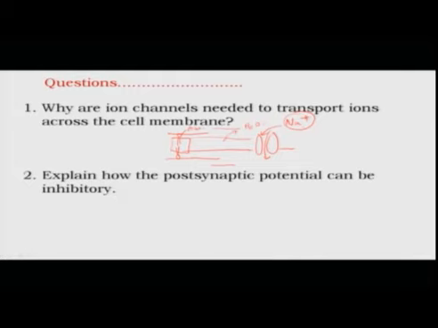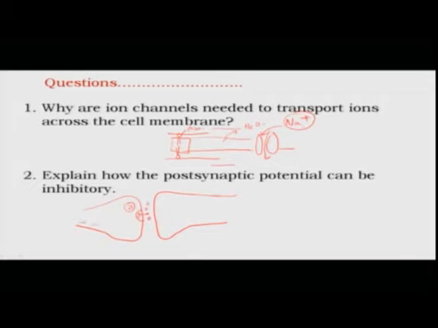Now, let me explain to you how the postsynaptic potential can be inhibitory in nature. When I told you that there is a presynaptic neuron, say this is the axonal knob and this is the dendritic end of the postsynaptic cell, I told you that there are some neurotransmitters which will fuse to this membrane and release neurotransmitters into the space.